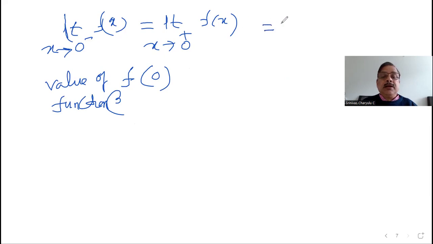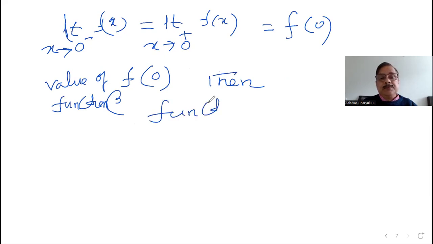So this is equal to, let us say, f of 0, then the function is continuous. So this is a very important definition for us.